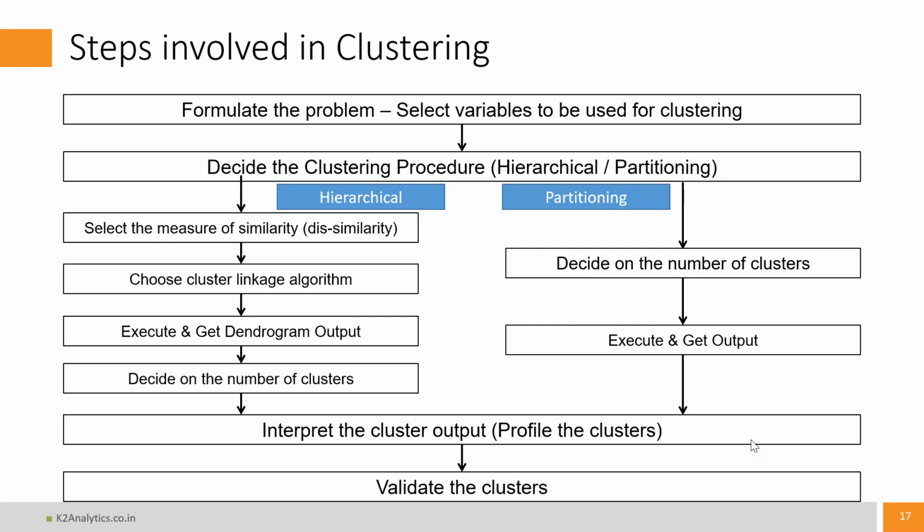But if you have to do profiling, you have to go back to your actual occupation column and then say what proportion of customers in a given cluster are salaried, what proportion are self-employed. If I see in a given cluster 80% are salaried and the remaining 20% are self-employed or professional, I would say this cluster is dominated by the salaried segment.